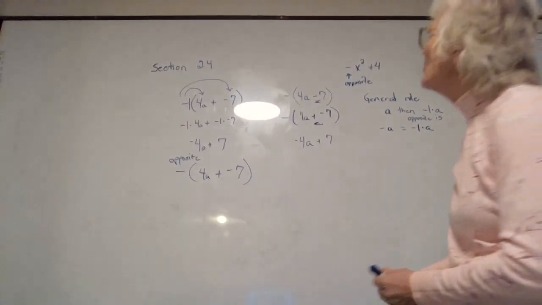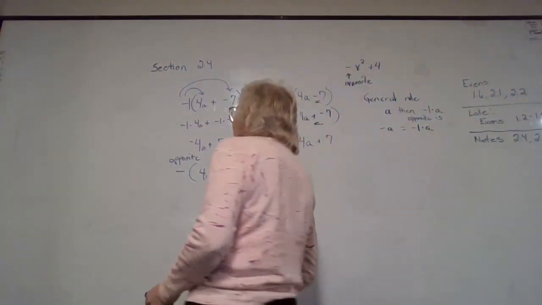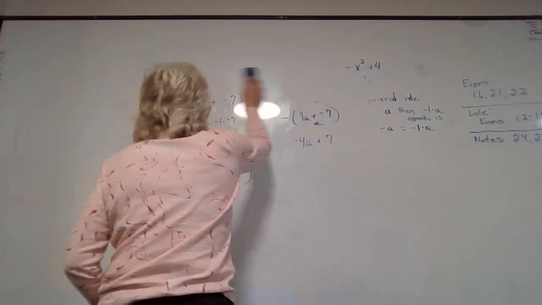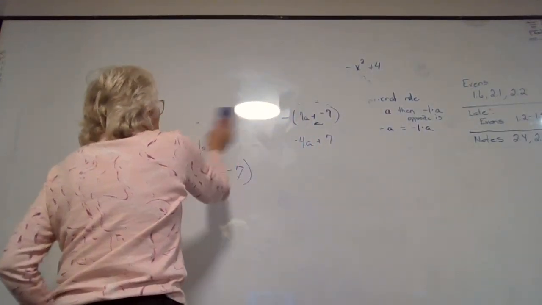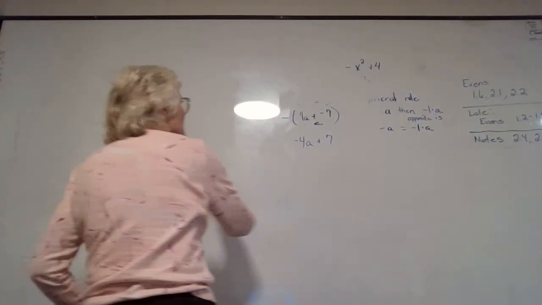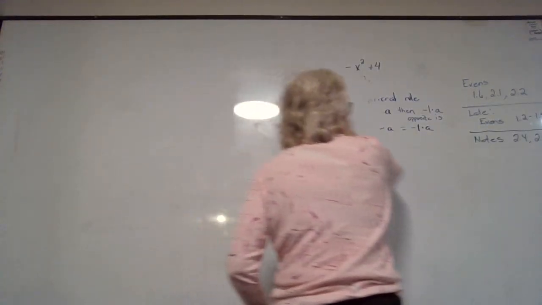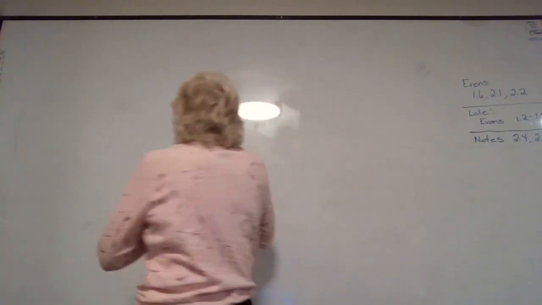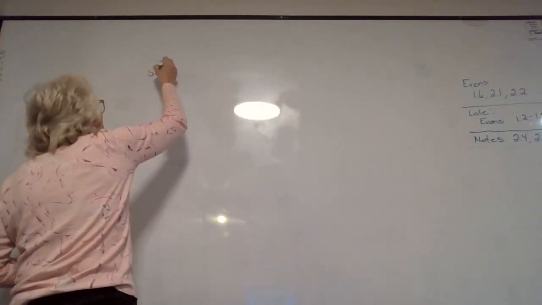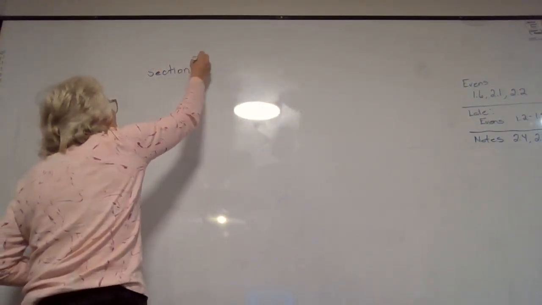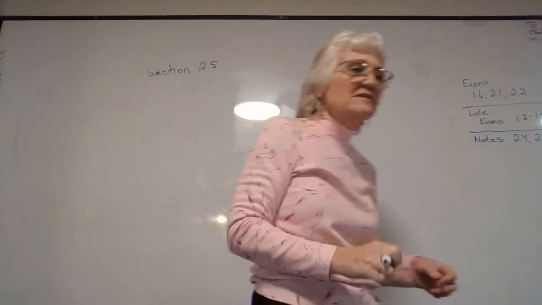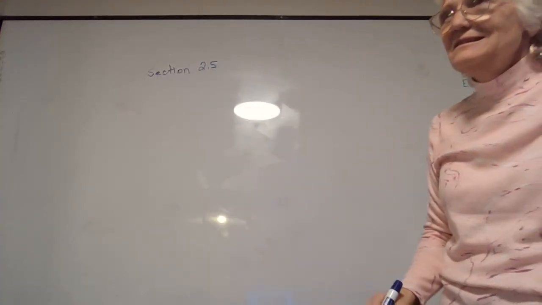Okay, so now we're going to section 2.5 today. That was all about it, really not a whole lot. Now we're going to 2.5, and 2.5 is about testing equivalence.